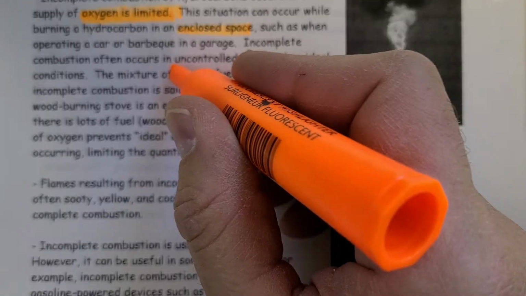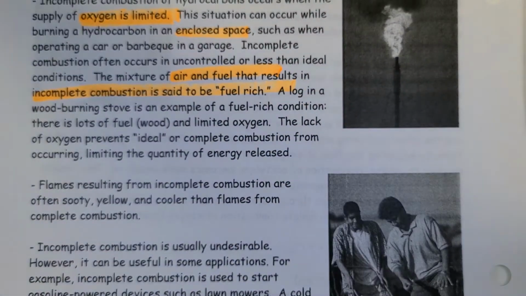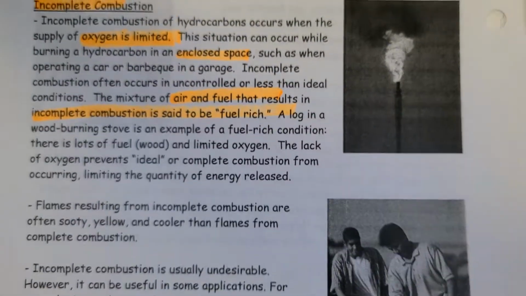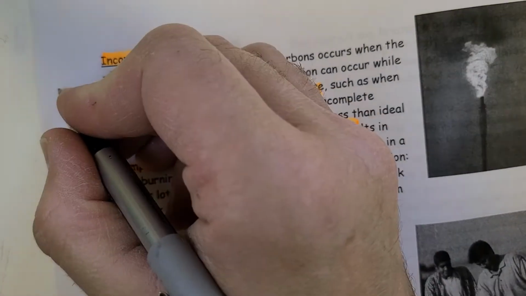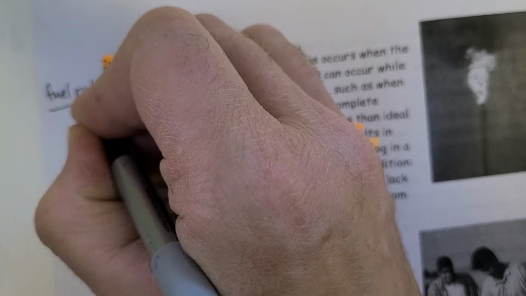The mixture of air and fuel that results in incomplete combustion is said to be fuel-rich. We should likely look at what that means. So just over here on the side, fuel-rich.